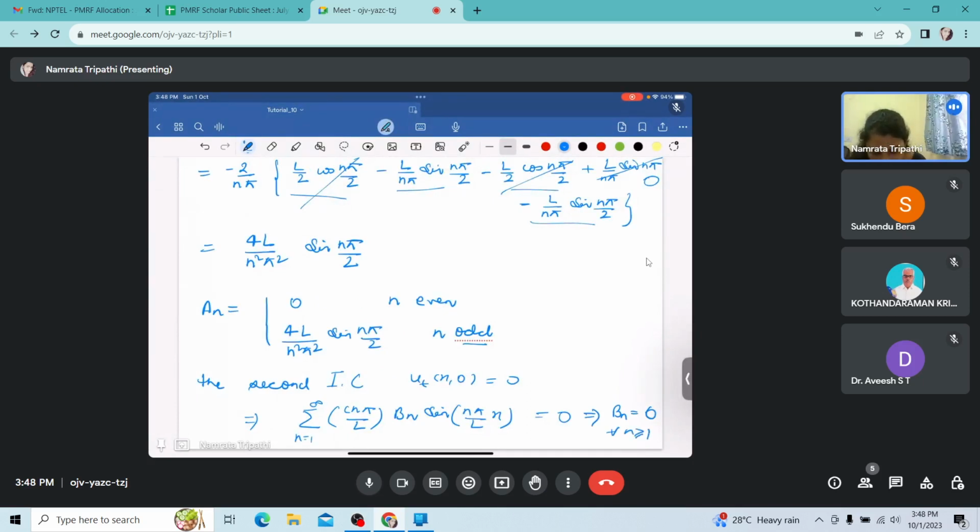So bn is 0 and an is, when n is even, the value of an is 0, and when n is odd, the value of an is given by this expression.